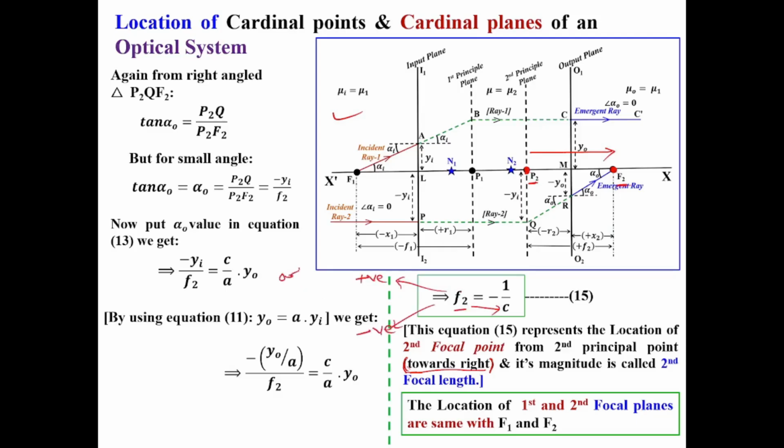If a positive value comes, then we have to move towards right from this P2 principal point or second principal plane. If a negative value comes, then we have to move towards left from this P2 second principal point or second principal plane. This is most important. You just keep these things in your mind.